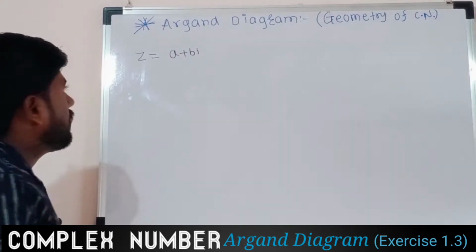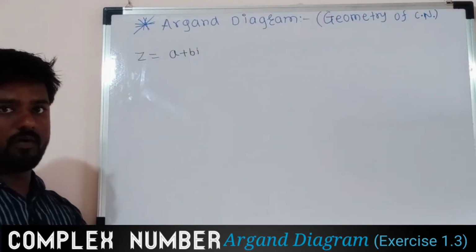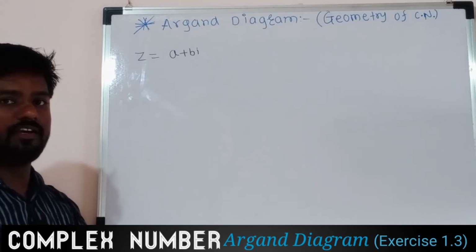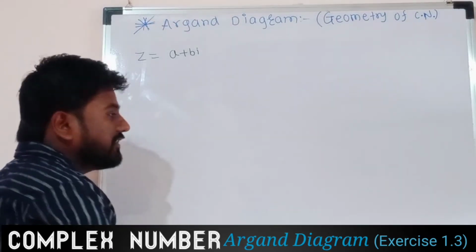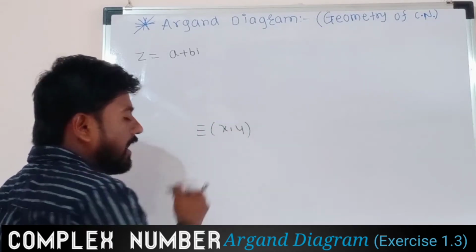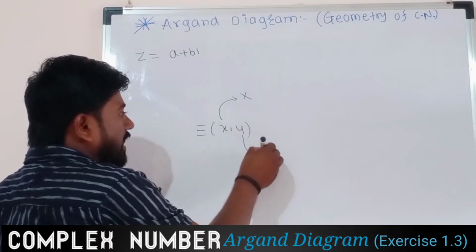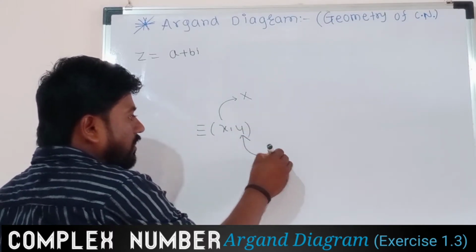First of all, you have to write this complex number in coordinate form. You already know what coordinate form is. Coordinate form is nothing but x comma y, so this x is represented on the x axis and this y on the y axis.